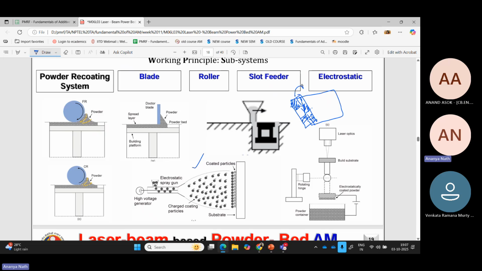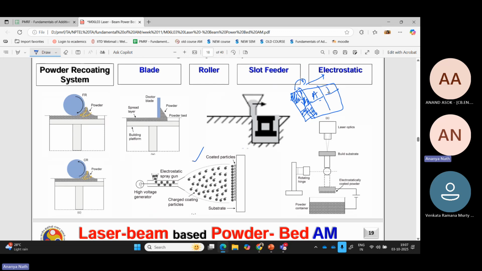And when you are rolling and spreading the powder on top of the build plate, you have printed A, B, B, A, two different powders at two different locations. So you can print multi-material using this concept. Otherwise, the electrostatic one is not that beneficial for single powder because it's more costly. So why go for that? Roller or blade can do it.